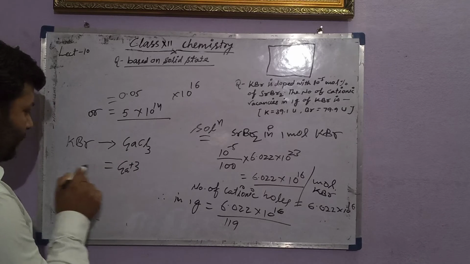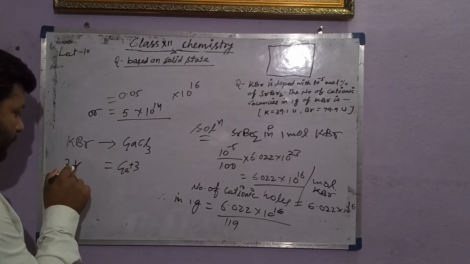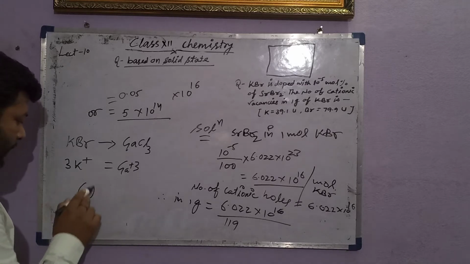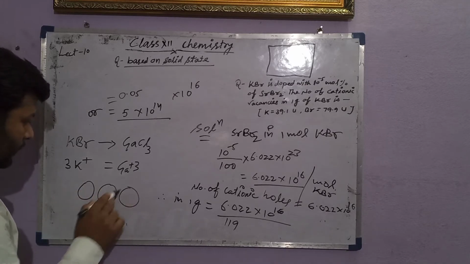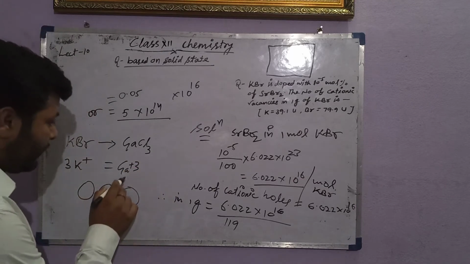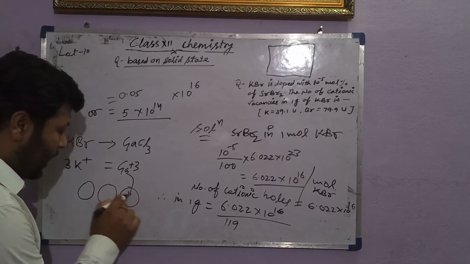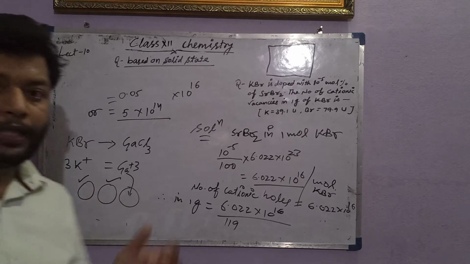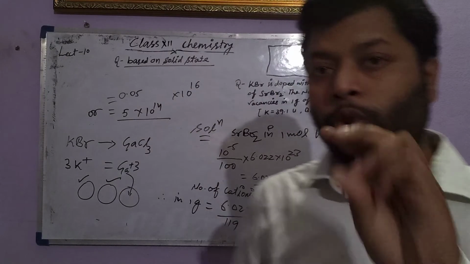So 1 gallium equals 3 potassium, and therefore 3 cationic holes are generated. On addition of 1 gallium, 3 cationic holes are generated, of which 1 cationic hole is occupied by gallium and 2 cationic holes are left in the crystal. So you can see 2 cationic holes.